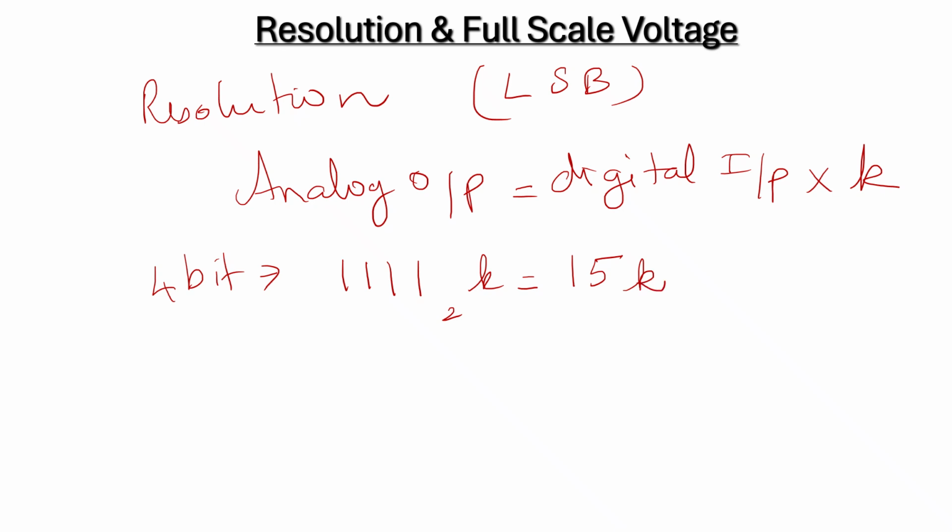For an n-bit DAC, the full scale output is equal to 2 power n minus 1, times K. Example: if the step size K of a 10-bit DAC is 0.0005 volts, then the full scale voltage value can be converted directly accordingly.